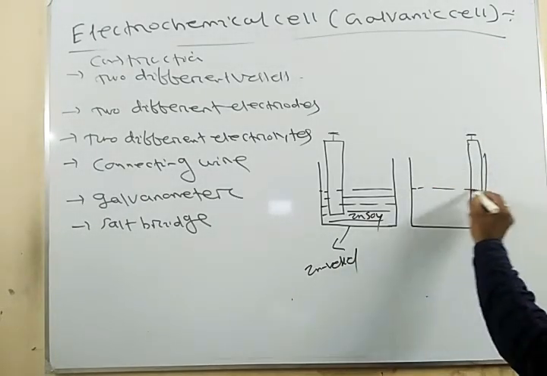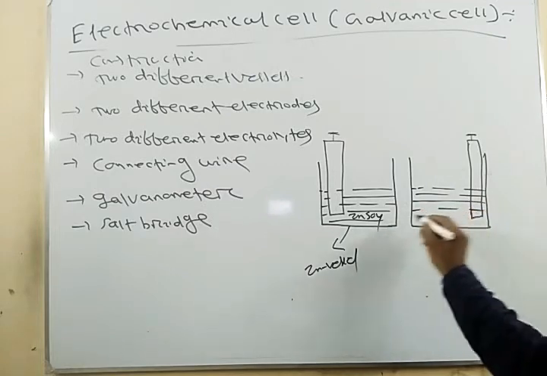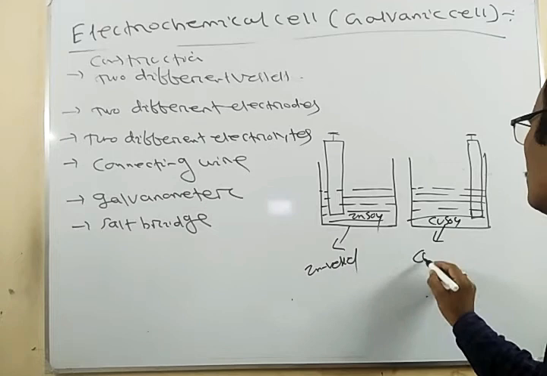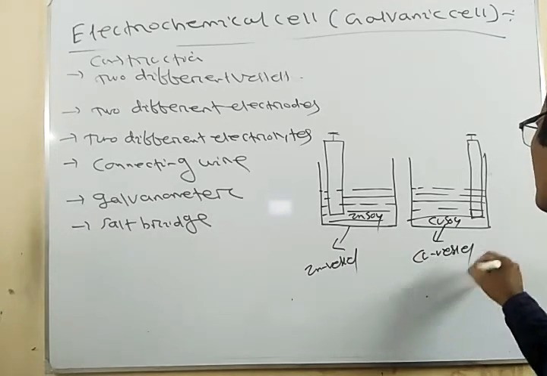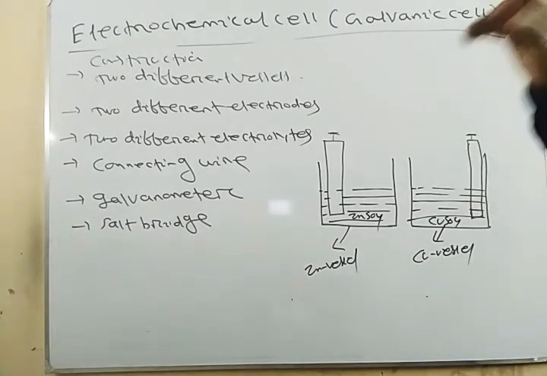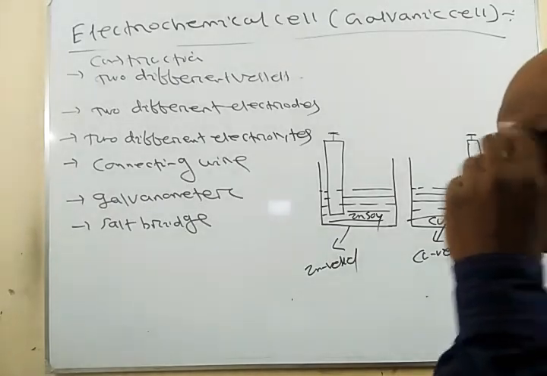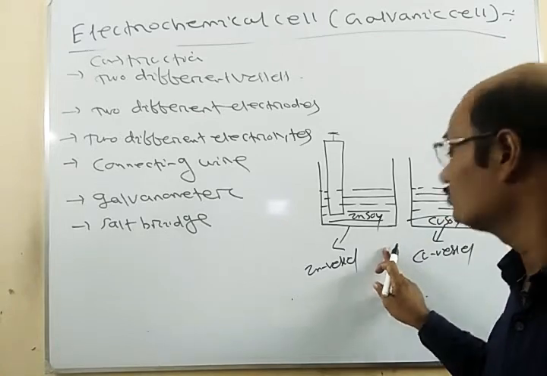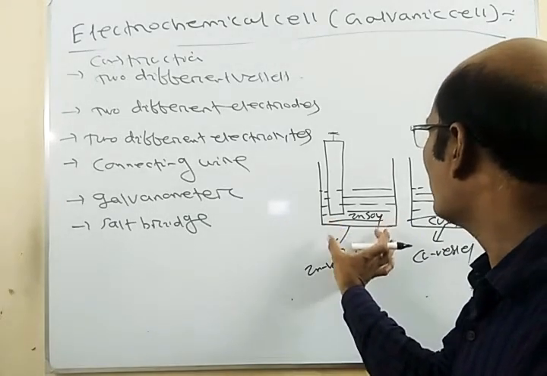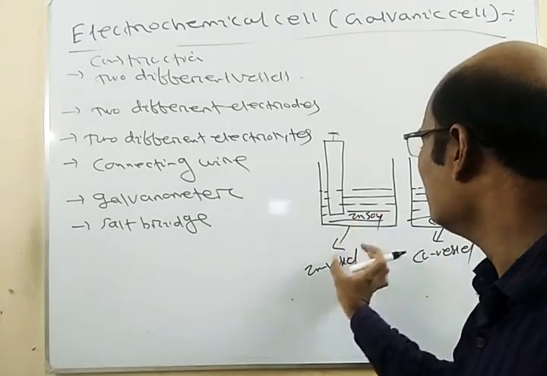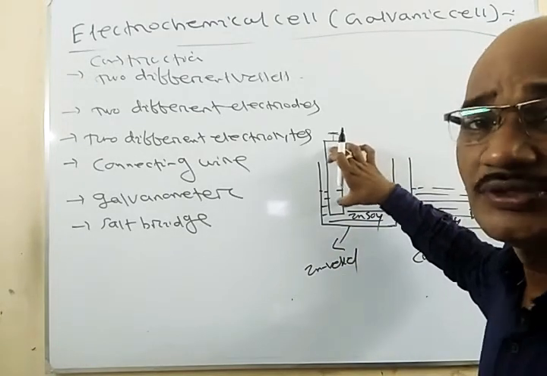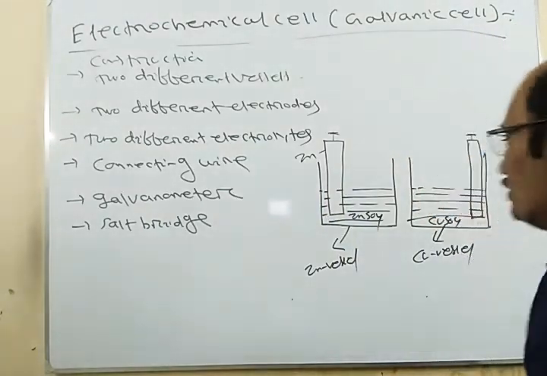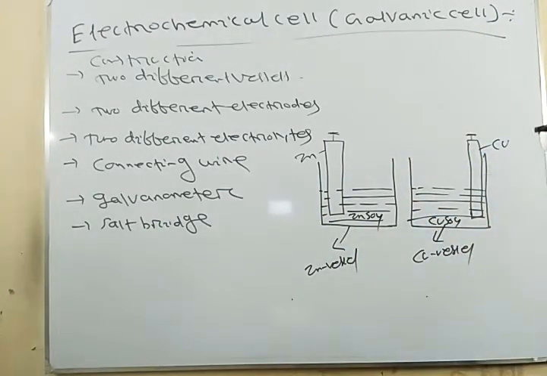The other contains another electrolyte, copper sulfate. This is the copper vessel. Each cell consists of an electrode. The vessel where the zinc sulfate electrolyte is present will contain the zinc electrode, and this one the copper electrode.